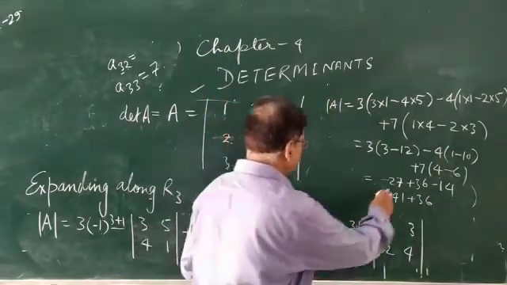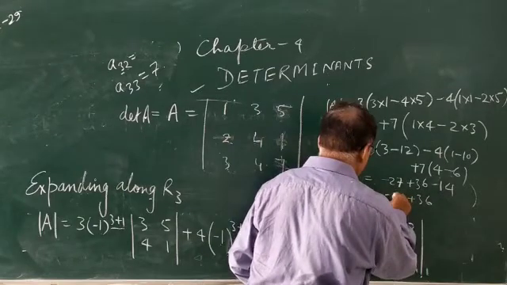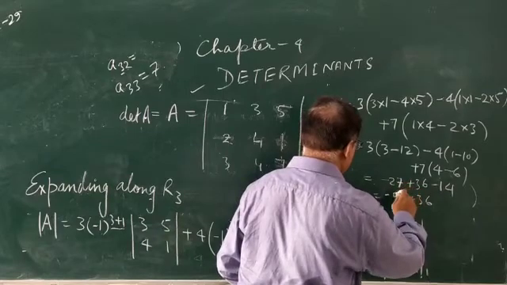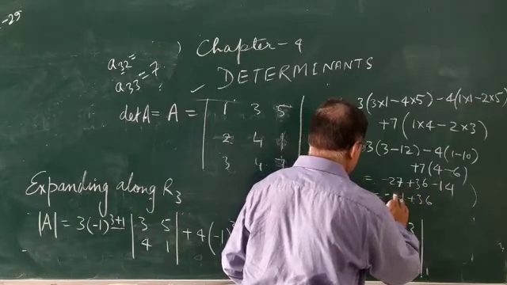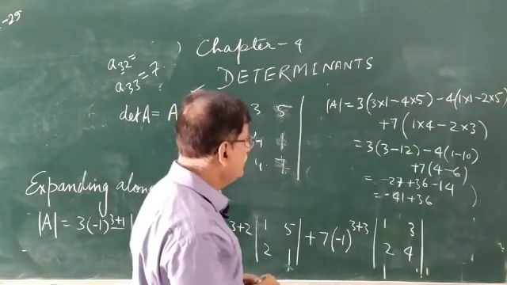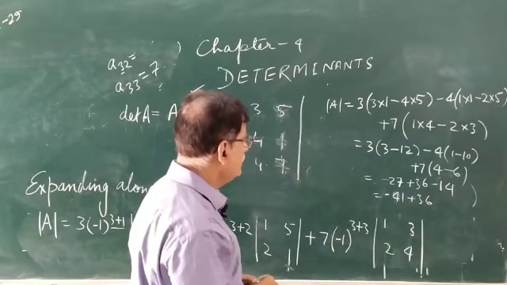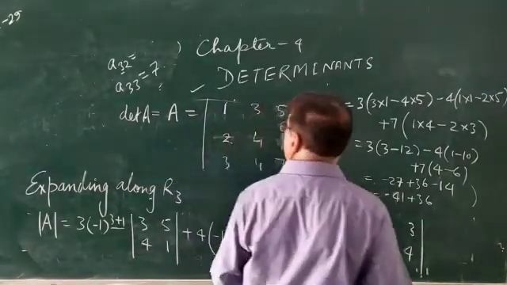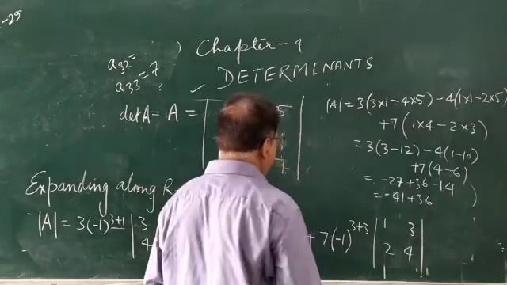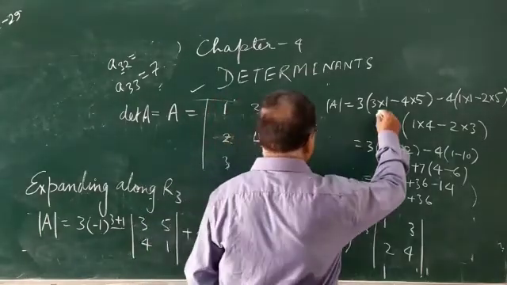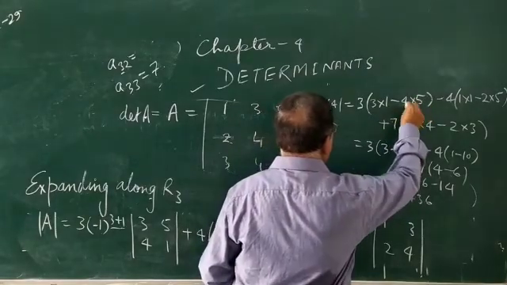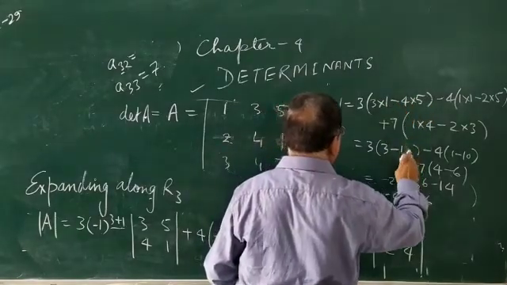So the value of minus 29 we are getting here. 3 into 1 it is 17.